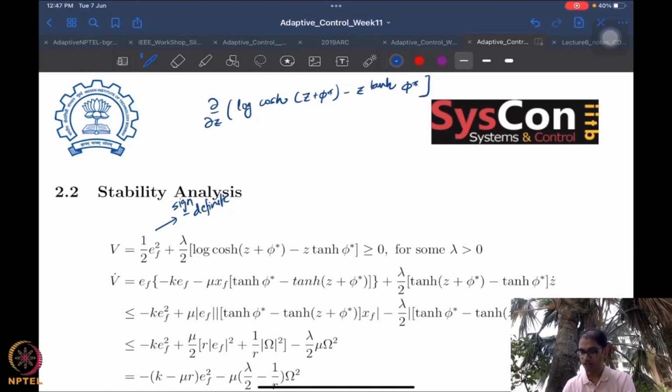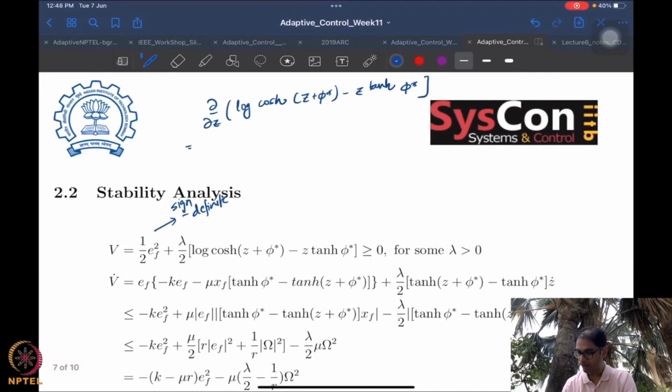How do I take the partial? Just take the derivative. There's only one variable here, so we have to take the partial with respect to only this one variable. And so this essentially becomes the derivative of this is 1 over cosh times sinh. It works exactly like the standard logarithm.